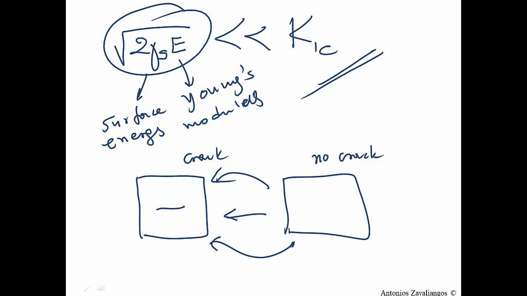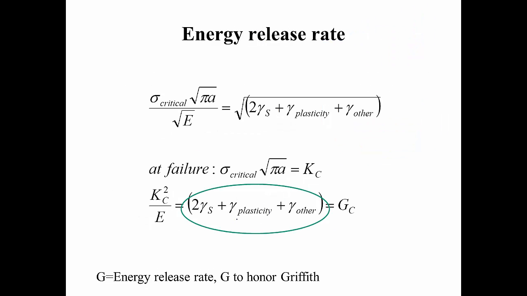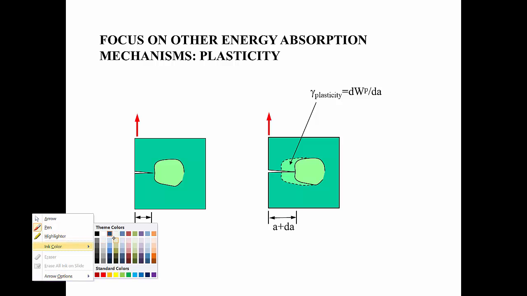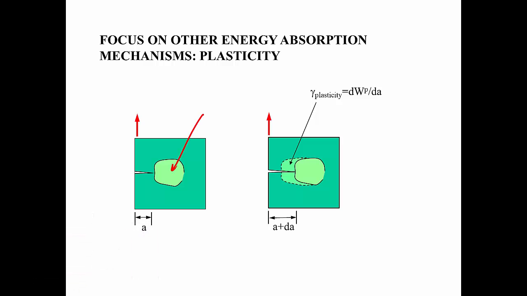The process can be explained in the following way. If you have a crack of a certain size, you're going to have an area in front of the crack tip, which I denote here with this color, where the material is going to yield. As the crack propagates in its new configuration, it is going to have a more or less self-similar area in front of the crack tip that is yielding plastically.